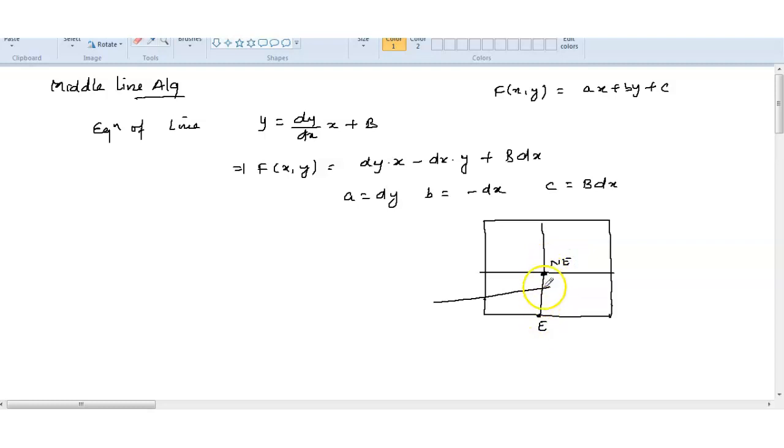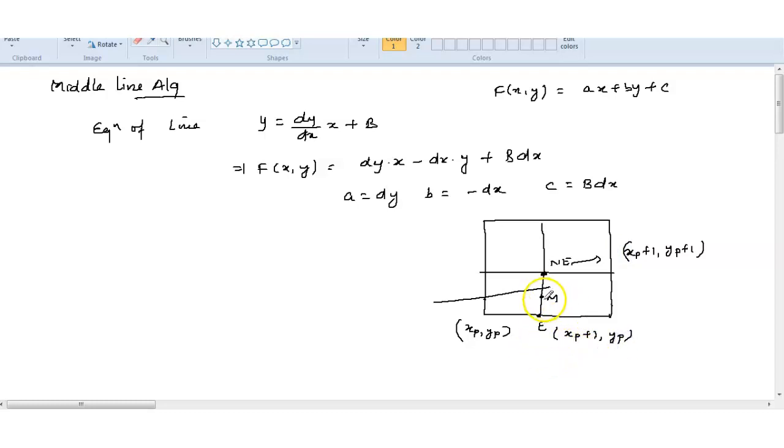We'll find the midpoint of these two points, and consider this midpoint M. Consider the current pixel (xp, yp). The northeast coordinate will be (xp plus 1, yp plus 1), and the east coordinate E will be (xp plus 1, yp).